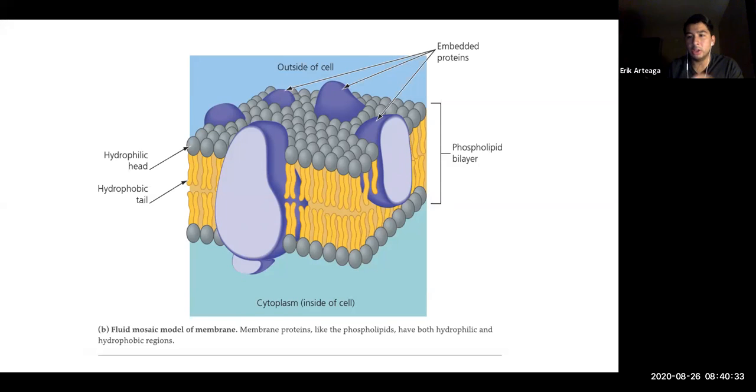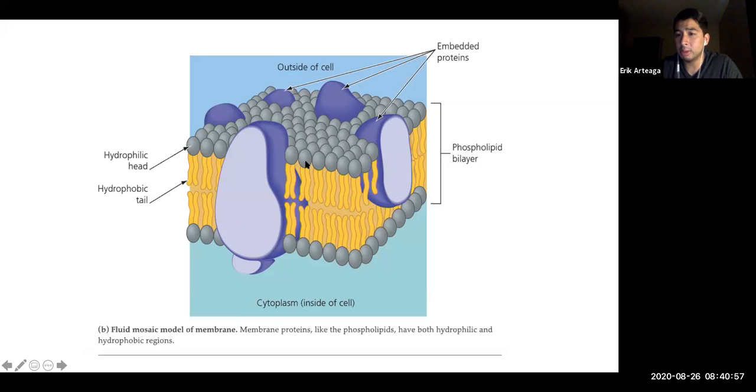So again, these proteins are not just sitting there in the plasma membrane and stuck. They're bouncing around. They're moving. Receptors are moving. These heads can be moving between different areas of that cell or that plasma membrane, right? So nothing is staying put. Everything is in motion constantly as that cell is living and surviving.